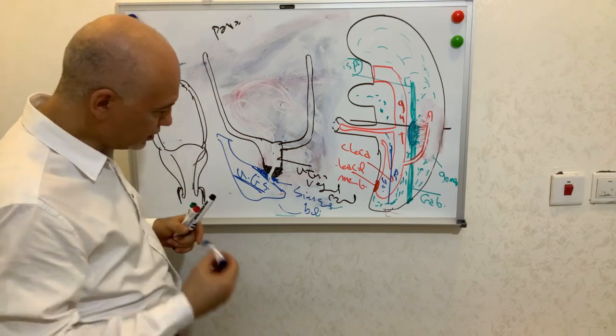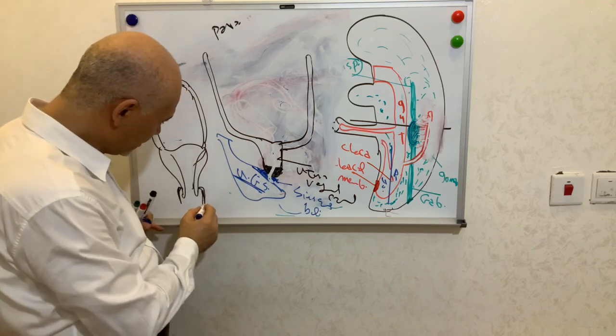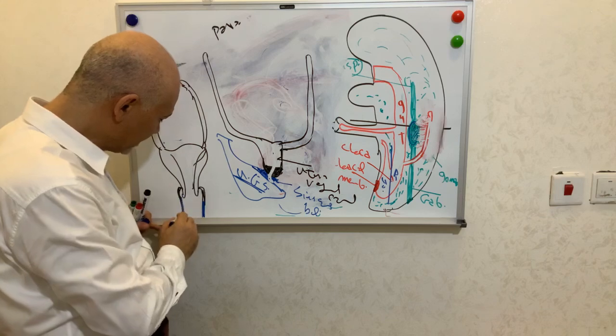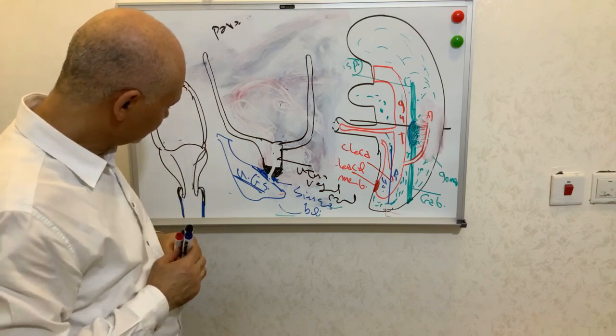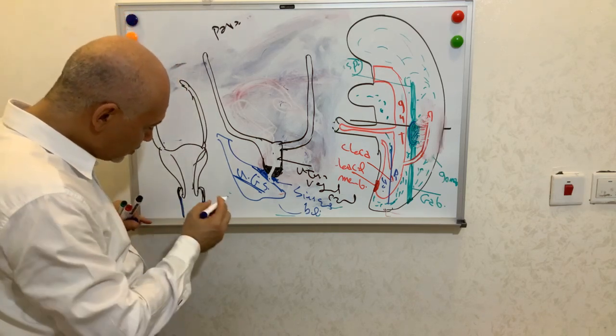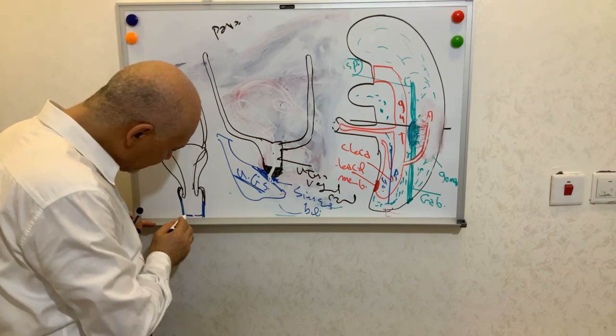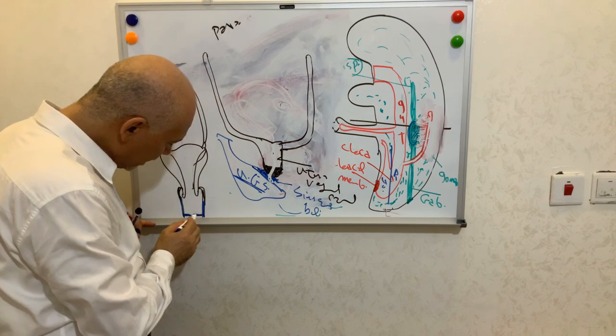In blue color from this plate, the lower part of the vagina after canalization. But also a membrane remains here called hymen.